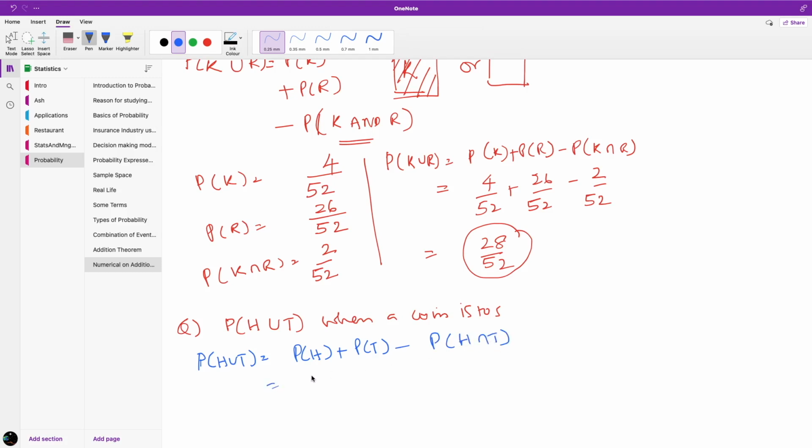The probability of getting a head is 1 over 2. Probability of tail is 1 over 2. What is the probability of getting a head and tail? Because this is a mutually exclusive event, this probability is 0. So the probability of getting a head or tail is 1. That means it's a certain event. We either get a head or a tail. This is the probabilities addition theorem.